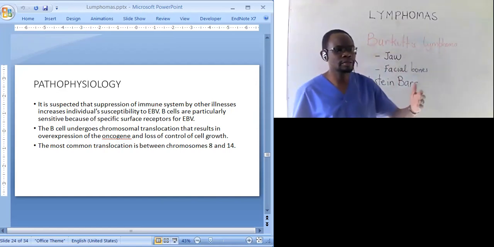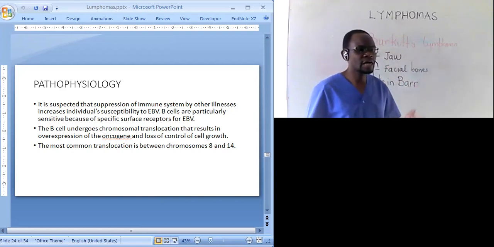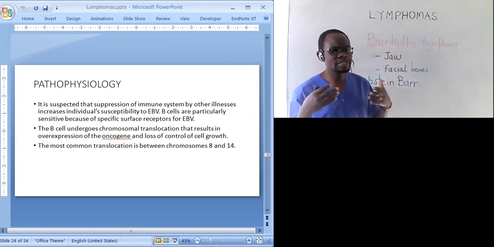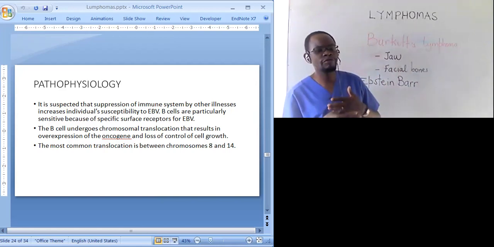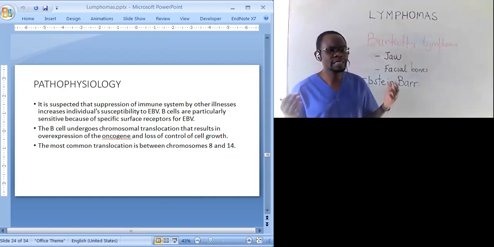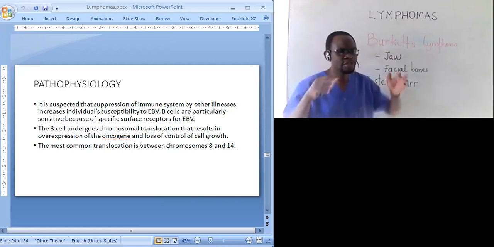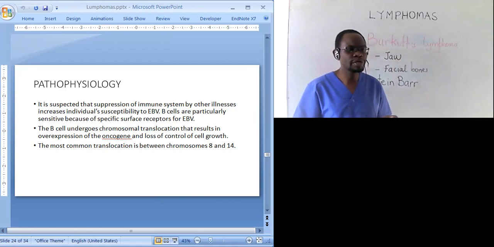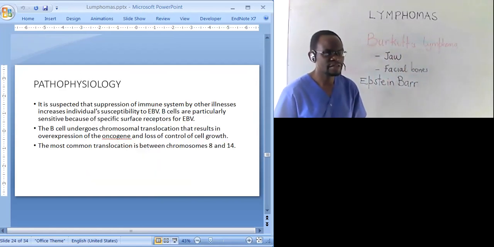So the B cell undergoes chromosomal translocation that results in what we call overexpression. If it undergoes an abnormal change, then we have overexpression of an abnormal gene, which basically causes loss of growth control, and so the B cells start accumulating, bringing about that structure there.